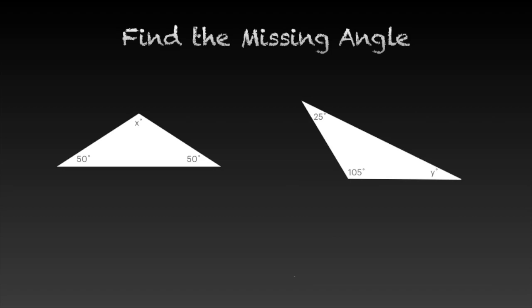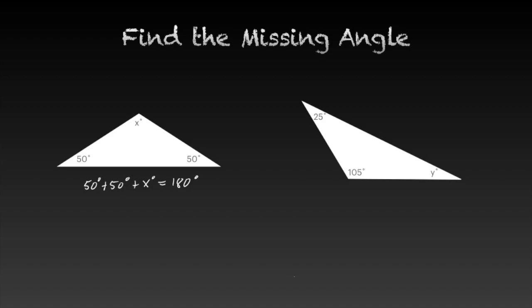Now, using the information that we have covered, you're going to find the missing angle. So, by definition, you were told that the sum of all the interior angles is going to be 180. So that means that if I go to the first triangle, I'm going to put 50 degrees plus 50 degrees plus x is going to give me 180 degrees.